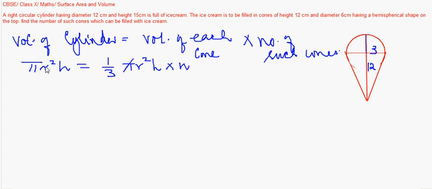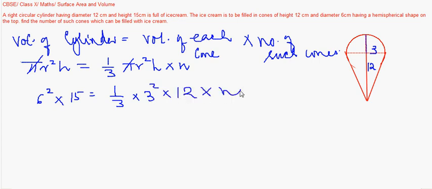This pi gets cancelled. So the cylinder has got a radius of 6 centimeter. Height is given by 15, and the cone has 1 by 3, the radius is 3 into square, and h is 12, n will remain as it is.